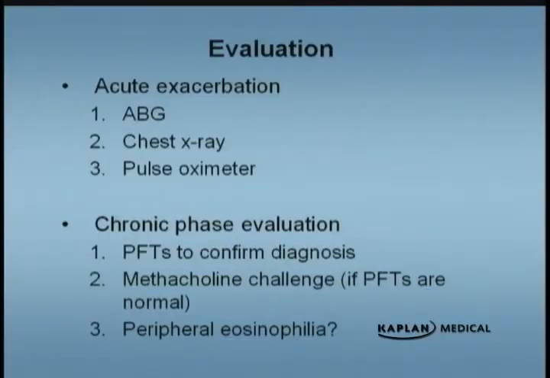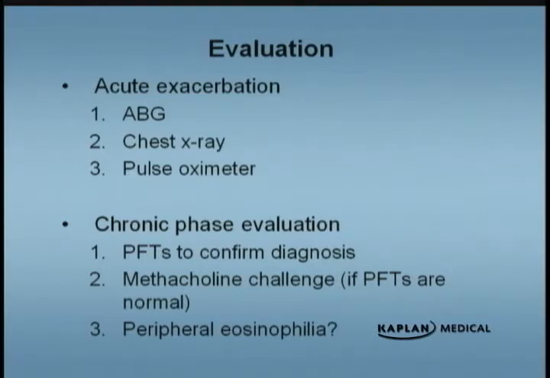Now, how do we evaluate these patients? Well, it depends what you're looking at. If you're looking at the case that we just talked about, in the acute setting, the evaluation is pretty straightforward.